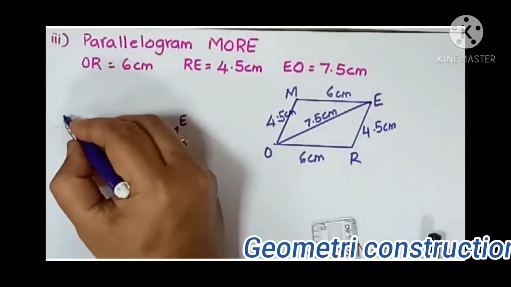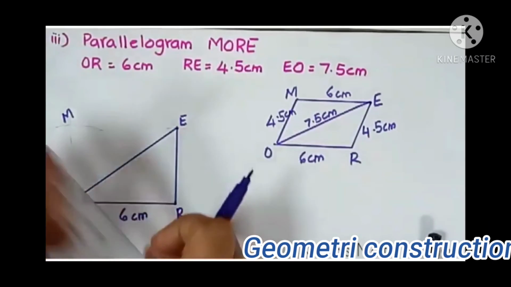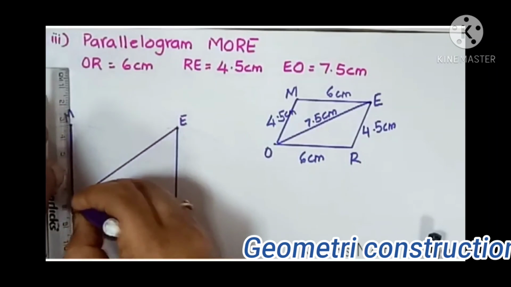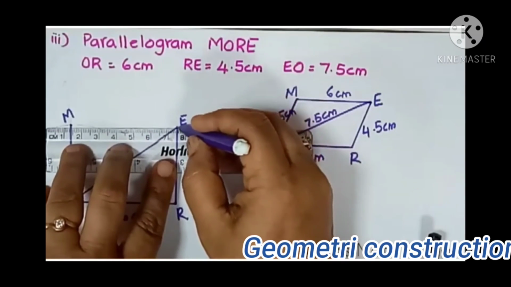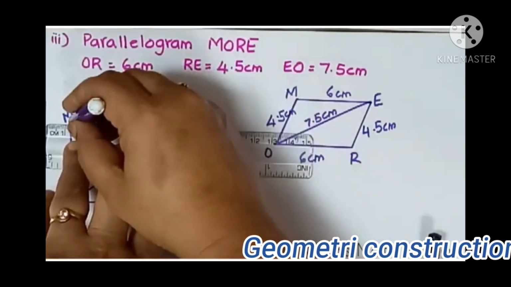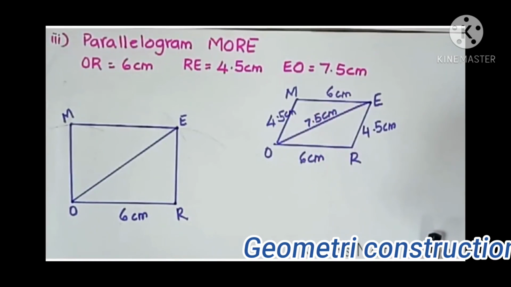We get a point of intersection there, that is M. Now join OM and EM. Observe carefully, at the point of intersection you have to join those two lines. So we have got the required parallelogram.